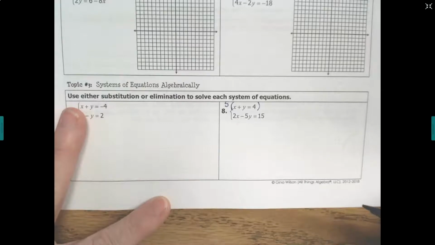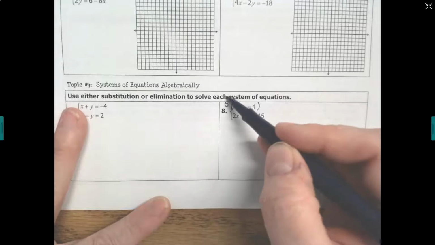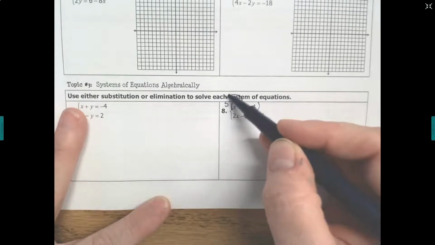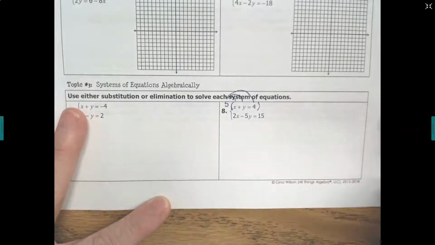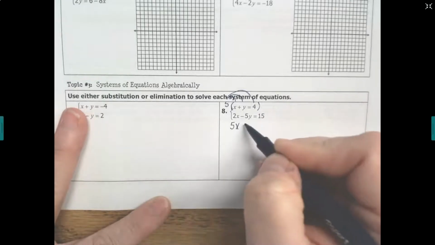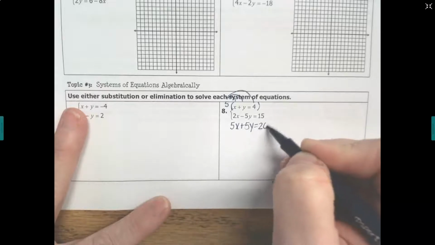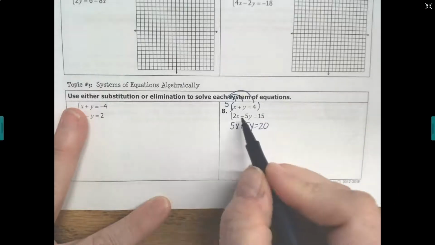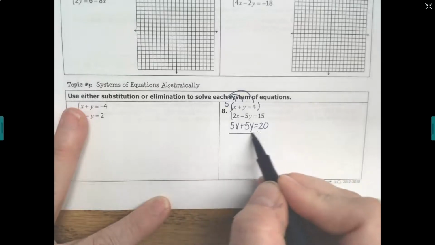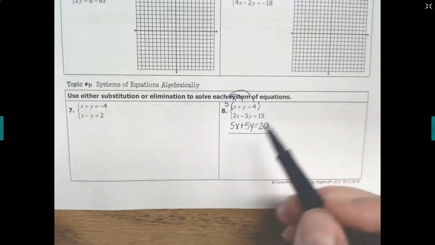Those will be opposites. Remember, when you're multiplying an equation, you distribute whatever you're multiplying by through the entire equation. So we will end up with 5x plus 5y equals 20. Now ignore the top equation, and we're going to add these 2 equations together, and by add, we're following the signs.